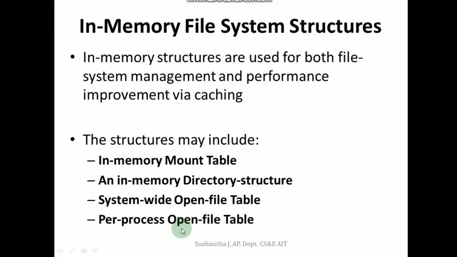But since the system-wide table already have all the files that is opened in the system, the per process table contains a pointer to the system-wide open file table. So having seen the data structure and the tables used, now let us see the illustration of the same.